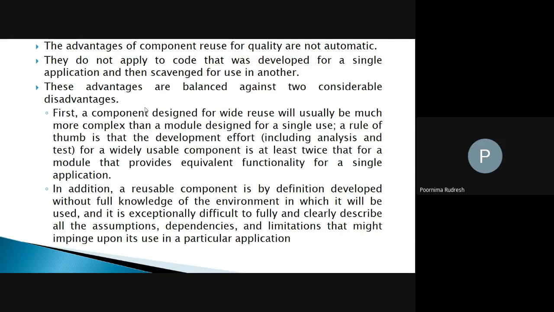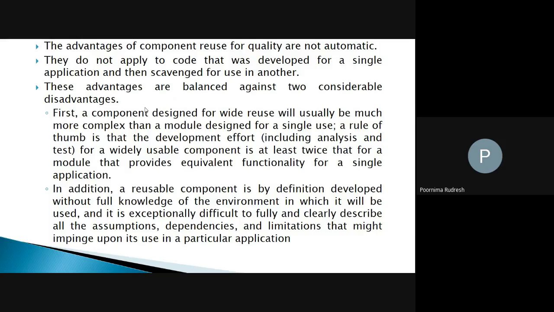A rule of thumb is that the development effort, and here we include the analysis as well as the testing in development effort. Why? Because once the system requirements are collected, they are analyzed, then designed, and finally implemented. And at last we perform the testing, right? So each thing is included. Development includes the analysis as well as the testing.